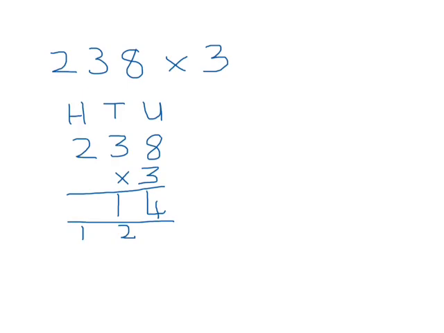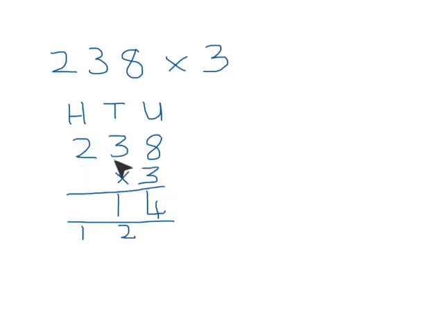Because my 11 tens, this 10 tens is really 100. We're not finished multiplying the hundreds yet, so we keep that in the basement. So now we've done our ones, we've multiplied our tens, and now we're going to multiply our hundreds.